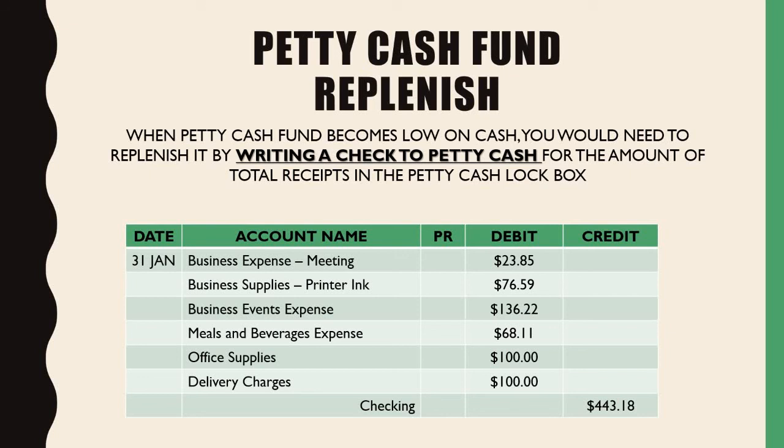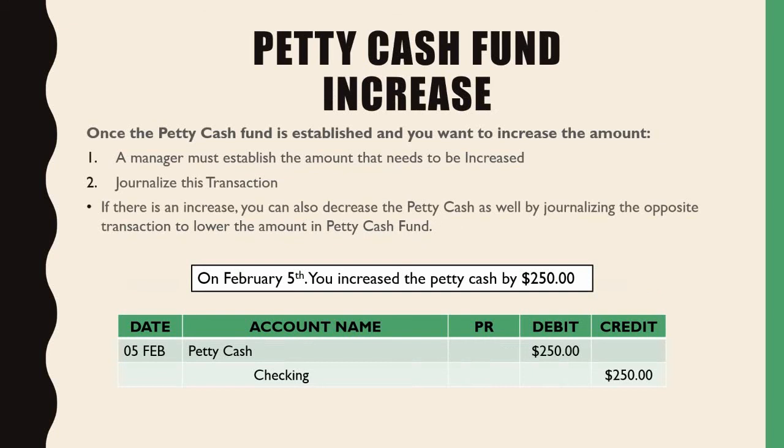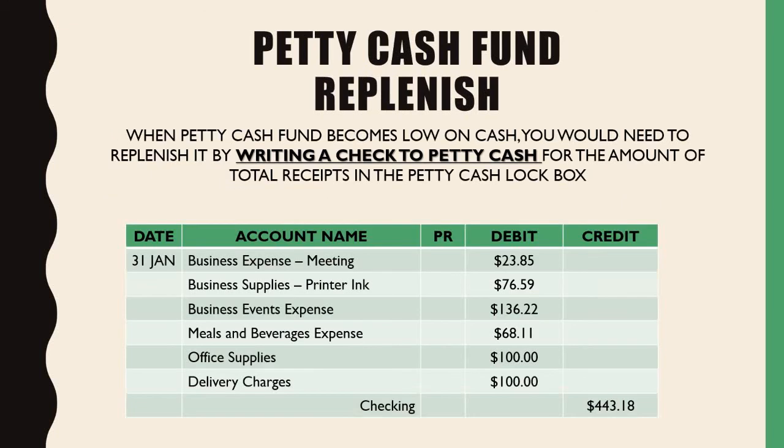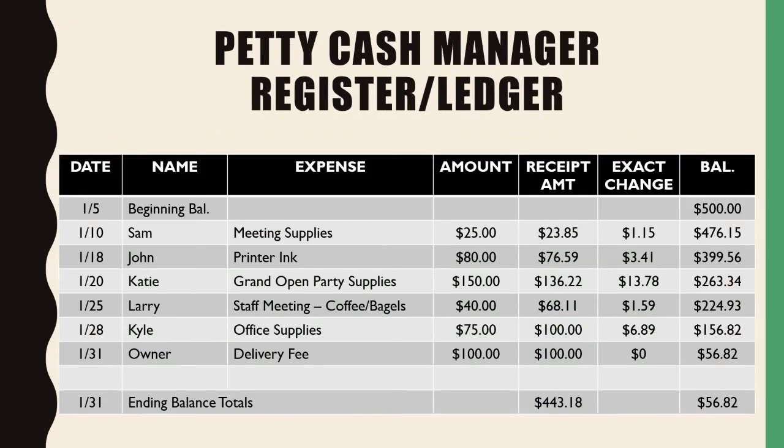You only use the petty cash account if you want to either establish a petty cash fund or, in this instance, right? I was only left with $56 in my petty cash drawer. That's definitely pretty low. That means my January expenses were pretty close, meaning maybe $500 is not enough.